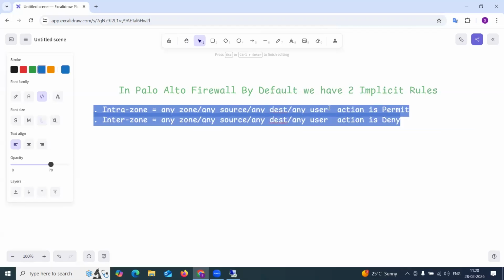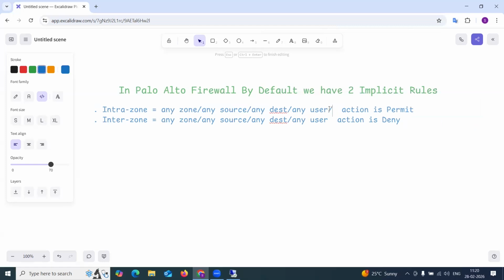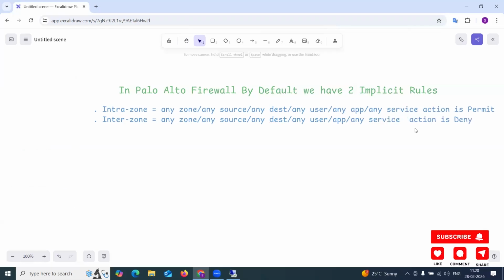Now here I'll add one more thing: any user, any application, any service. So these are two default rules inside your Palo Alto firewall.